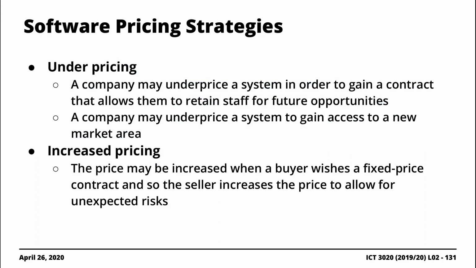You'd also underprice if you are interested in advertising your services or getting a footing into a new market. In terms of the increased price strategy, what you'll be doing is increasing the price when you have a fixed price associated with a contract, to take into account unexpected risks.